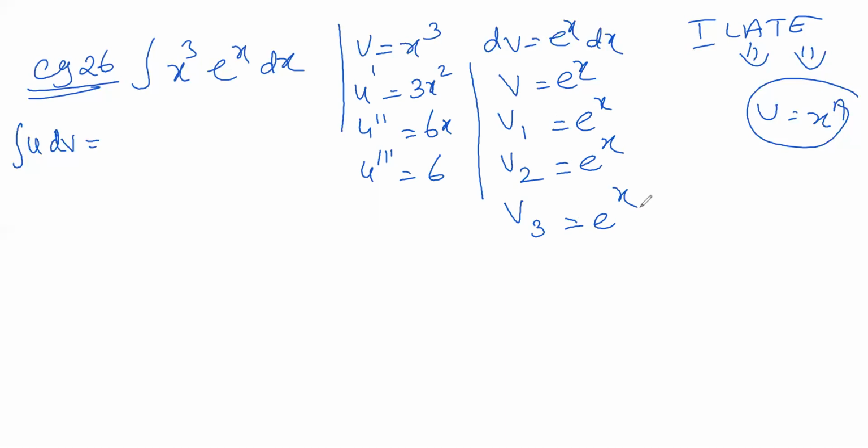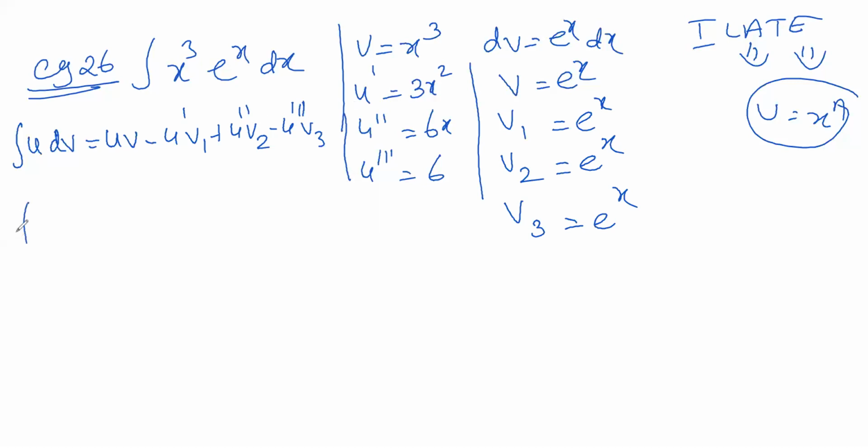Now write the formula. The last term will be u triple dash into v3. So the formula is uv minus u dash v1 plus u double dash v2 minus u triple dash v3.